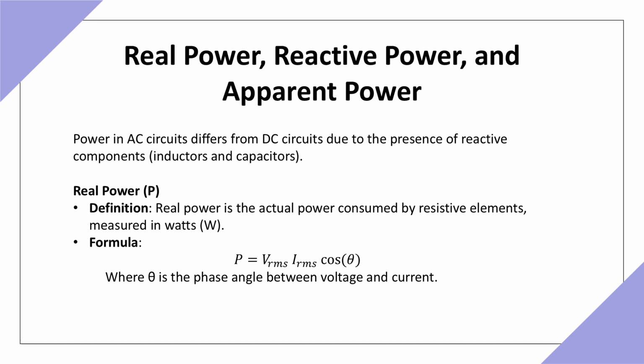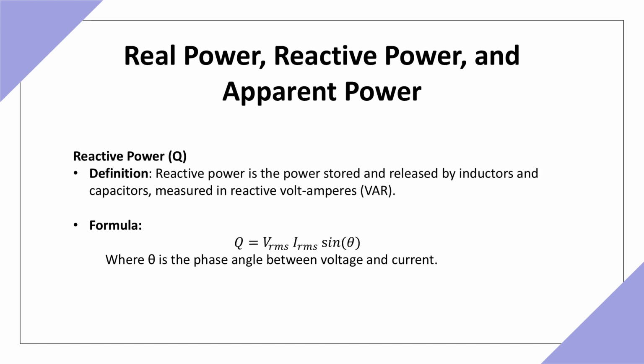Power in AC circuits is categorized into 3 types. Real power, the actual power consumed, measured in watts. It's given by the formula P equals V RMS times I RMS times cos theta, where theta is the phase angle. Reactive power, power stored and released by inductors and capacitors, measured in VAR, volt-ampere reactive.